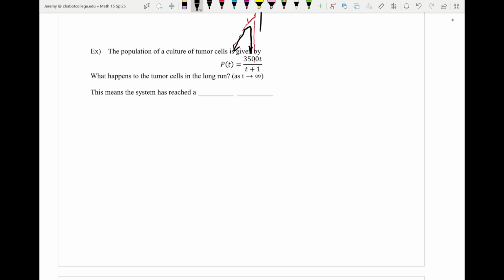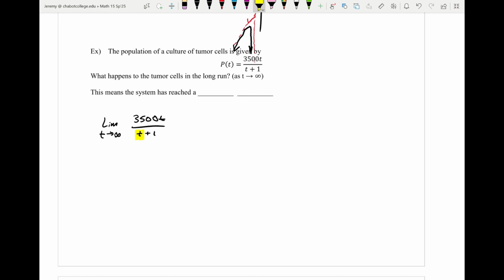Okay, so let's do that. Let's look at the limit as t goes to infinity of 3500t over t plus 1. All right, I know we're using t instead of x here. Everything's going to work the same way. If I try to just plug in infinity, the numerator goes to infinity, denominator goes to infinity. So we're going to have to use our little trick here. Let's find the highest power, in this case, t to the k.